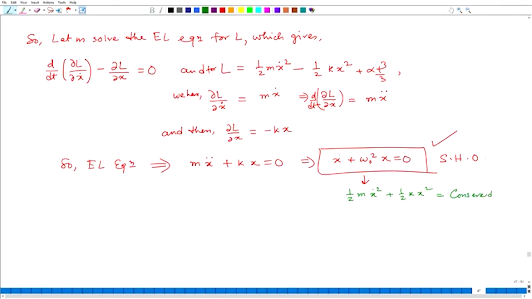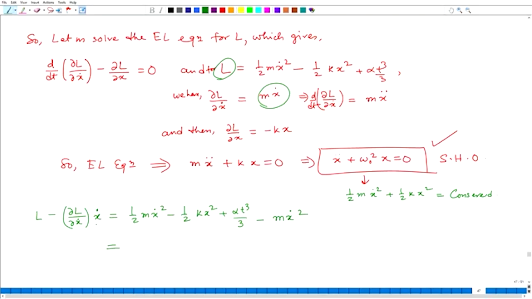But let us now calculate this quantity for this Lagrangian, this quantity L minus ∂L/∂ẋ times ẋ. If I calculate this, L is half m ẋ² minus half k x² plus α t³/3, and minus ∂L/∂ẋ is this one, getting multiplied with ẋ.